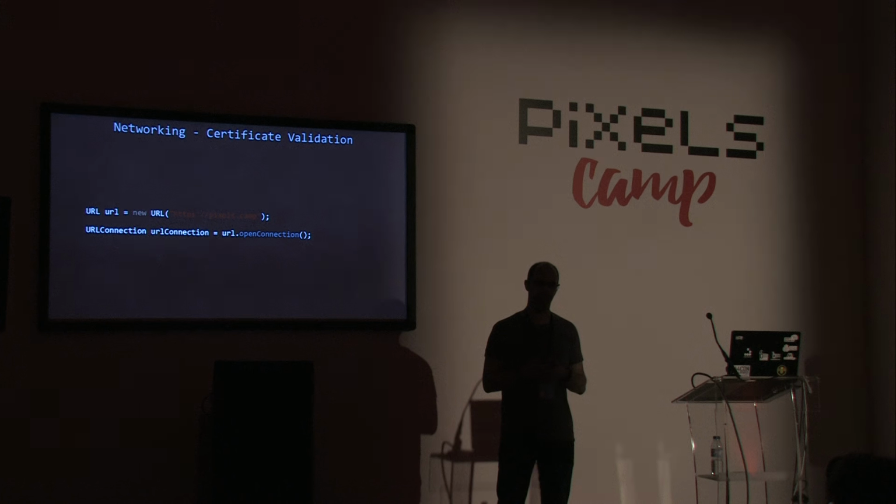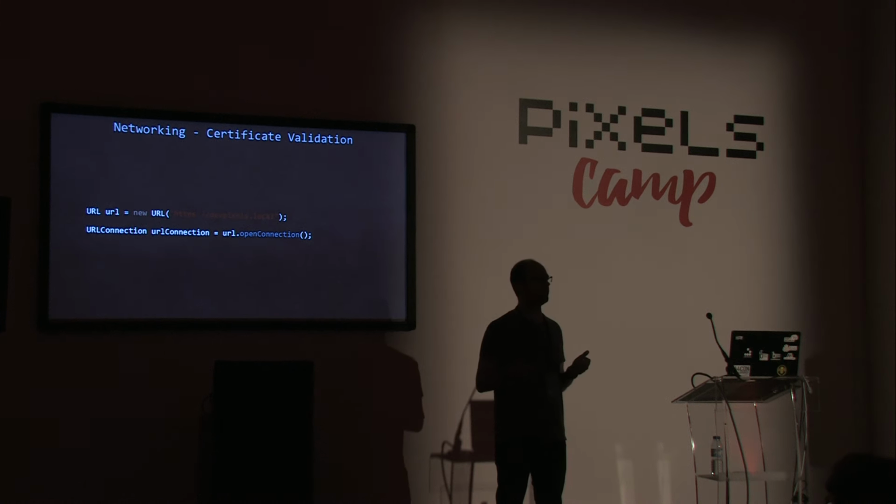But the problem is when we have the most typical scenario: a local development server with, let's say, a self-signed certificate. When I'm developing the application, I get a bunch of errors and I can't connect to the server, so heck.